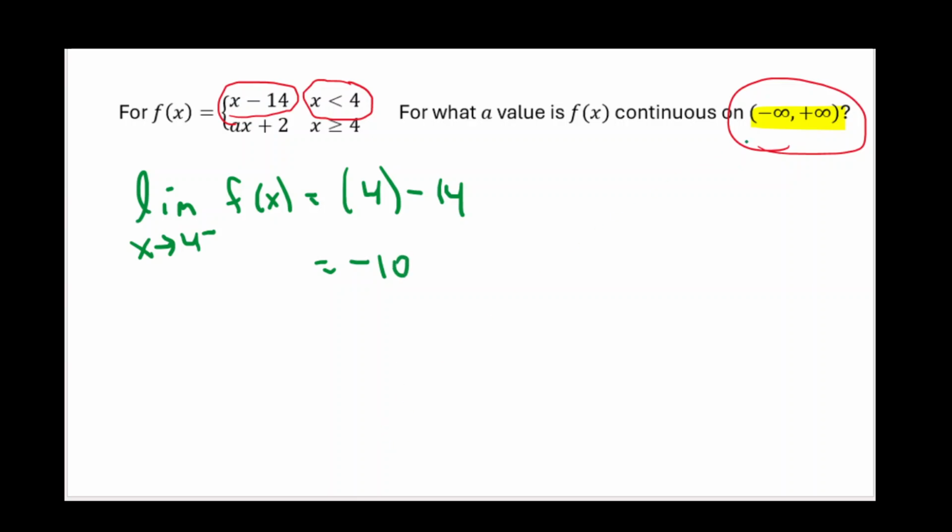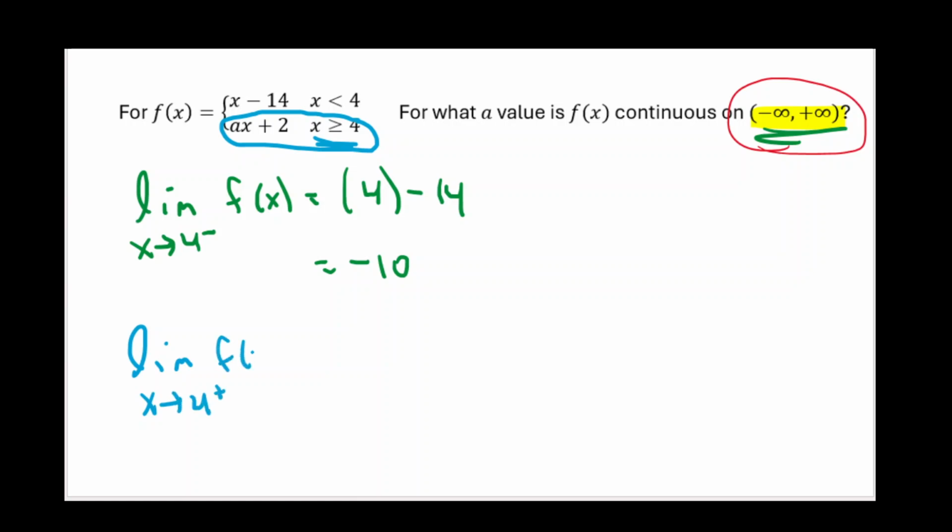So in order for my function to be continuous at this point, I need both the right-hand limit and the function itself to also be -10. So I'm now going to focus on this part of the function rule because that's where the function exists, and it's also where the right-hand limit exists. So what I want is the limit as x approaches 4 from the right and the function itself to be equal to -10.